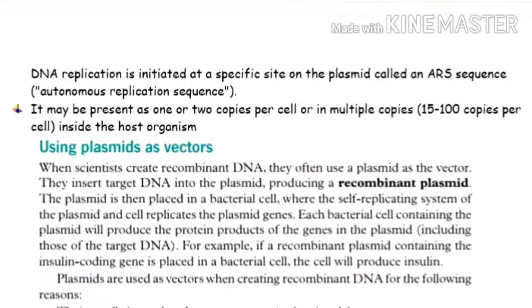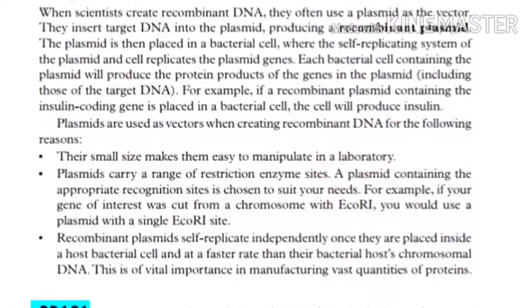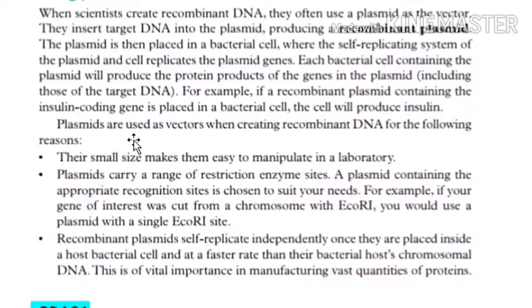Now if we are using plasmid as a vector, why do we prefer to use plasmid? The first reason is that they are very small in size. You can easily manipulate them in the laboratory. Then they carry a large number of restriction enzyme sites, so you have a choice of using a large number of restriction enzymes.